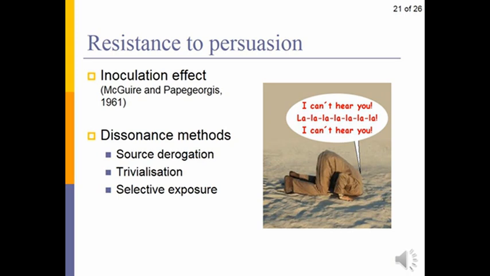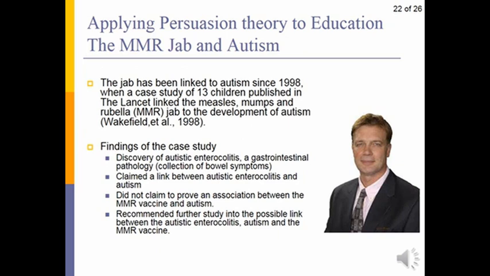I'd like to now take this final part of the session to look at a particular issue, an example, if you like, where there was an issue in which we might wish to persuade people, and ask you to consider how you could use some of the things you've already learned in this session to be more effective at persuading them. From talking about one kind of inoculation to a very different kind.